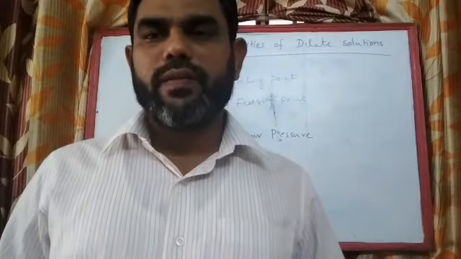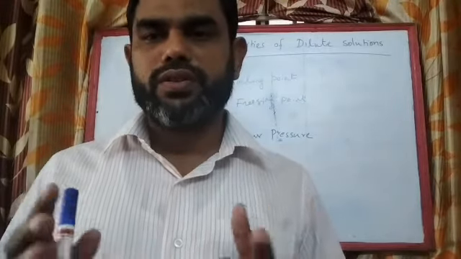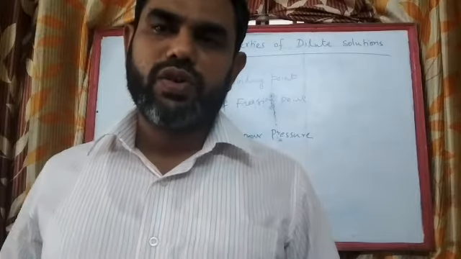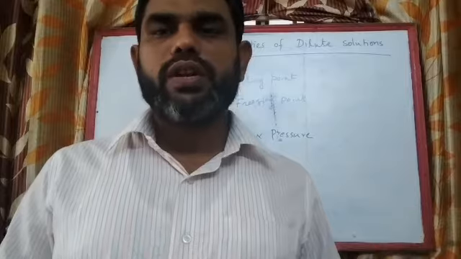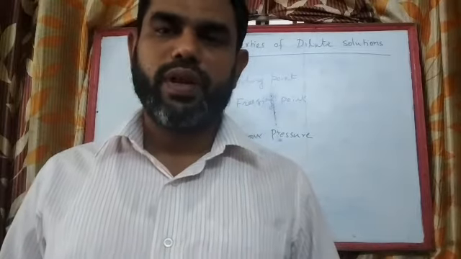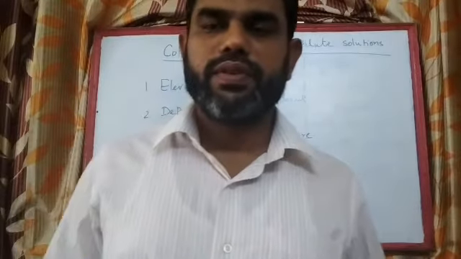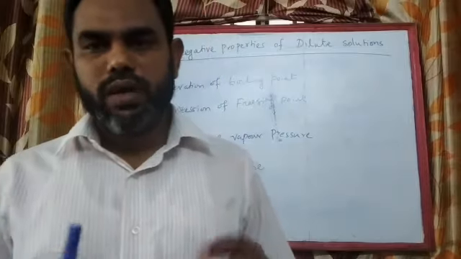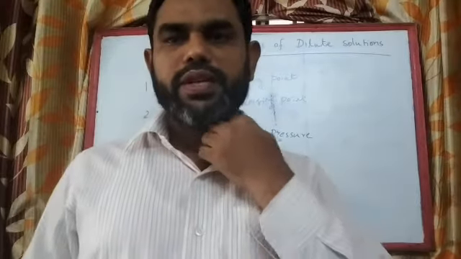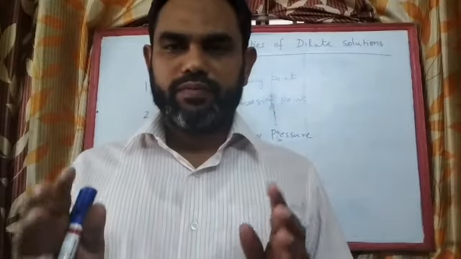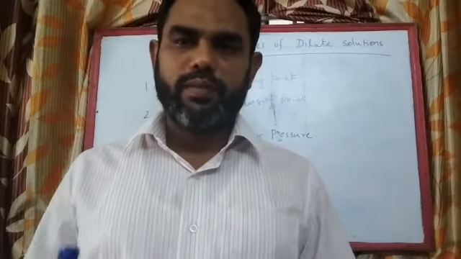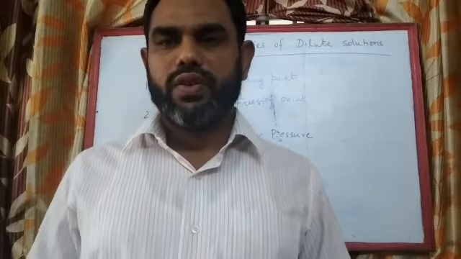You already know the difference between solute, solvent, and solution. A solution is made up of solute dissolved in solvent. In a mixture of substances, the one which is present in greater proportion is called the solvent, and the one which is present in lesser amount is called the solute.